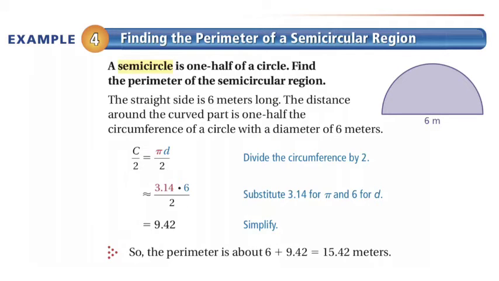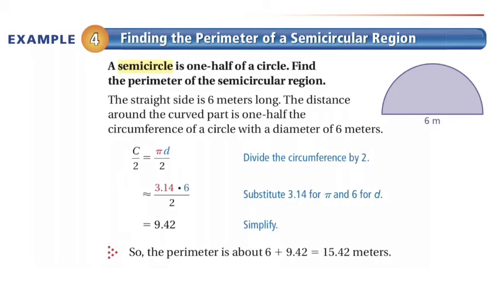Finally, in example 4, we're finding the perimeter of a semicircular region, or a half circle. Now, back to perimeter now. It didn't say circumference, because it's not a circle. It's a half circle, so it's got a half of a circle and then this straight edge to get back. Remember, to find the perimeter, we have to get all the way around. So the first thing you do is you find the distance as if it were a whole circle, so the circumference, as if it were a whole circle, and you cut it in half.